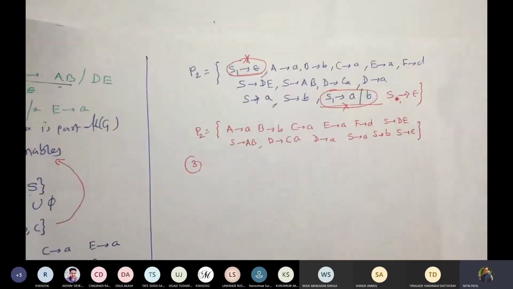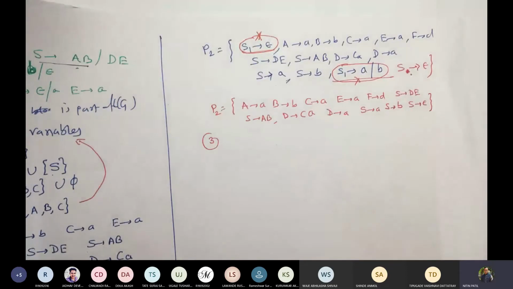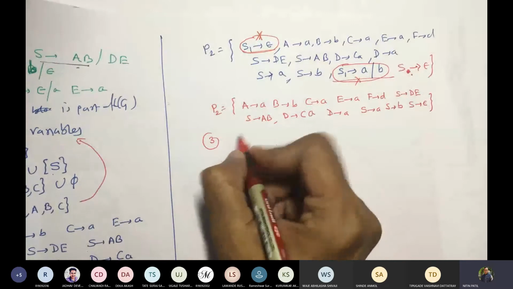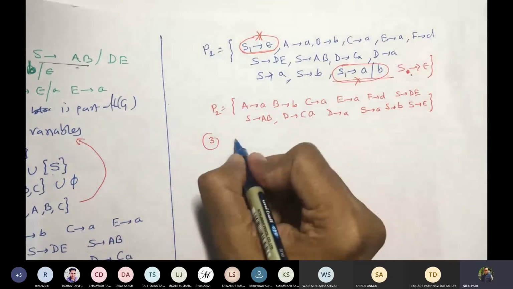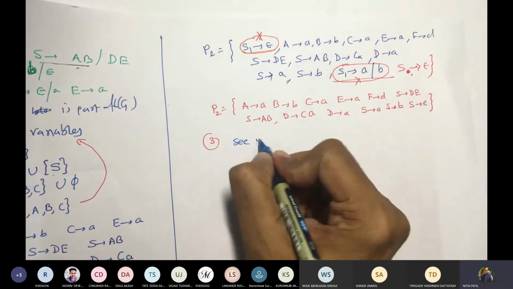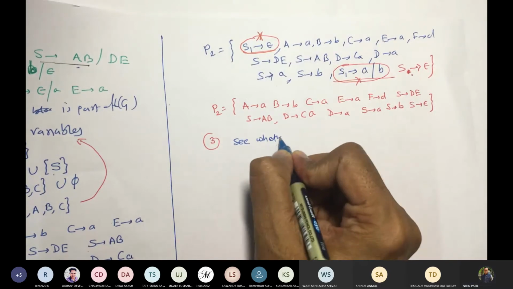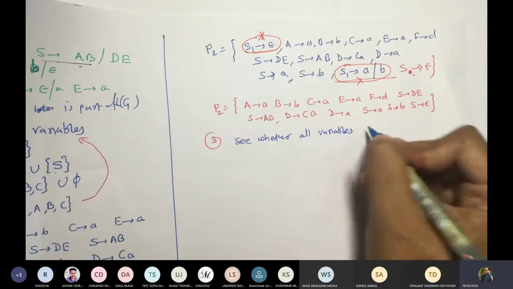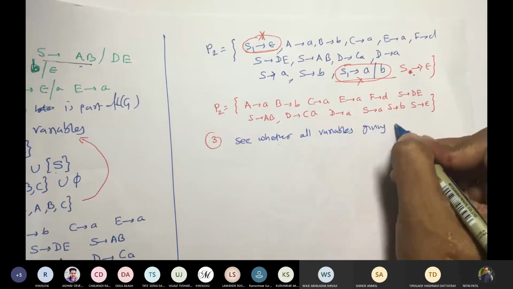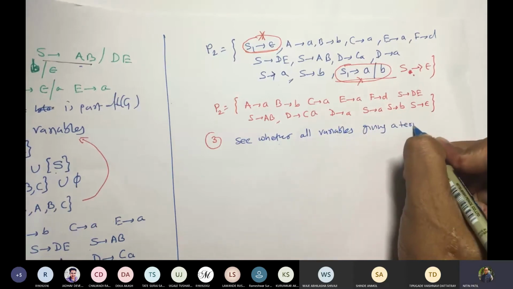So can you see all variables are giving you a terminal here? Yes, but we have to apply the algorithm. So we will start constructing the method. So our thing was now to see whether all variables are giving a terminal or not.